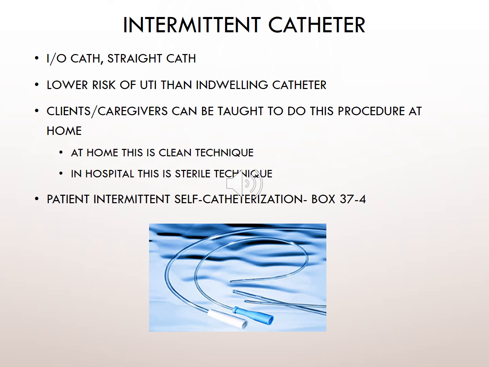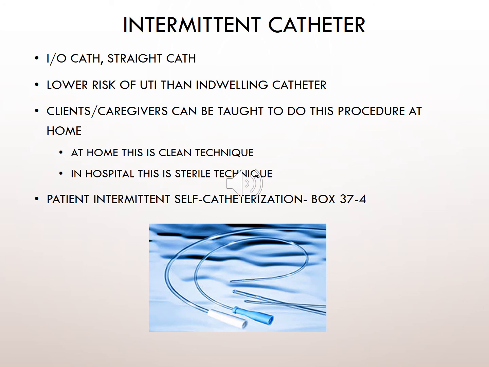Most of the time, if caregivers do it at home, we try to teach them just clean technique with that. But again, there is information about this. A patient intermittent self-catheterization is in box 37-4 in your book.